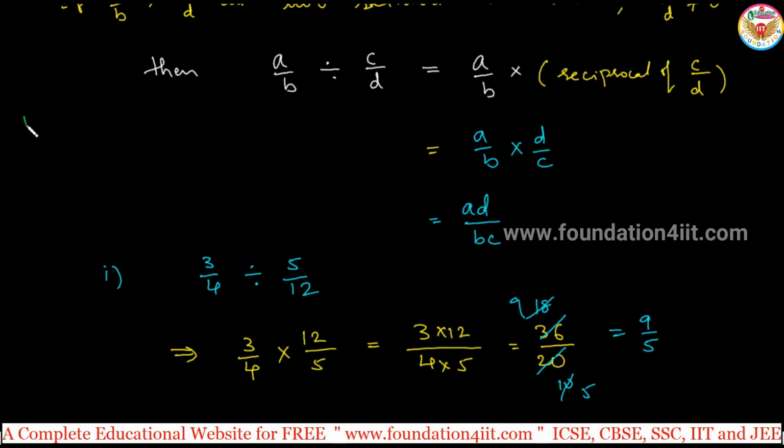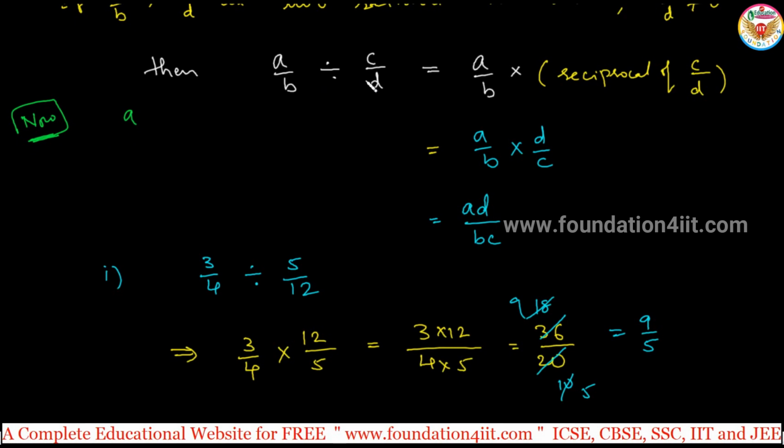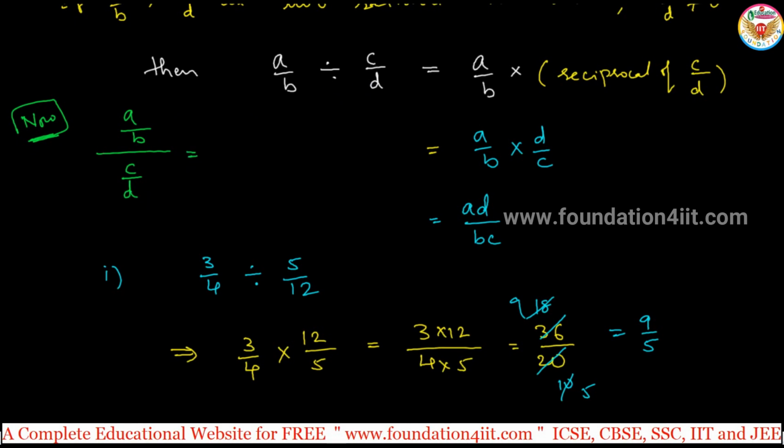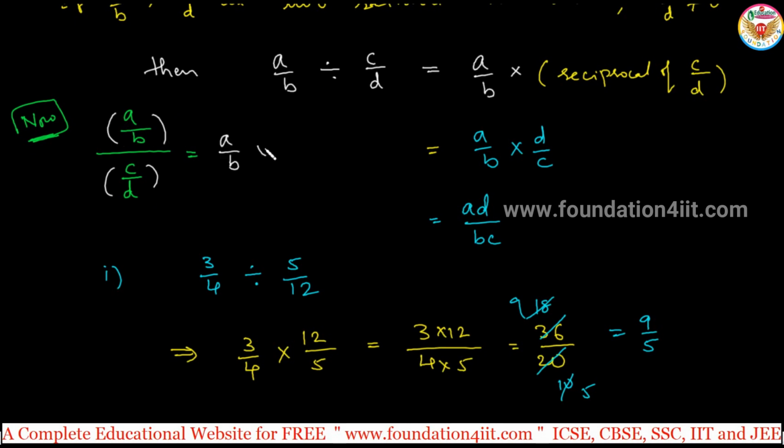Let us see why we need to do it like this. Actually this is a by b divided by c by d. Any denominator that is a fraction, if we take it to the numerator place, will become its reciprocal. That means a by b into this c by d, which is the denominator, if we take it up, it will become d by c.